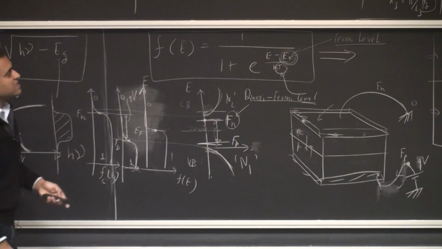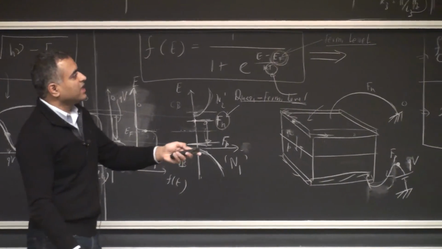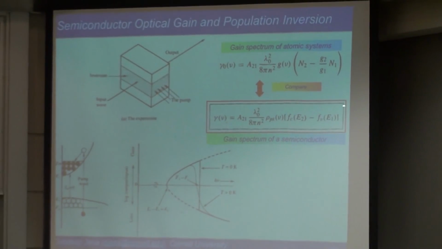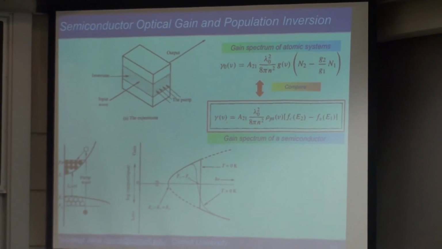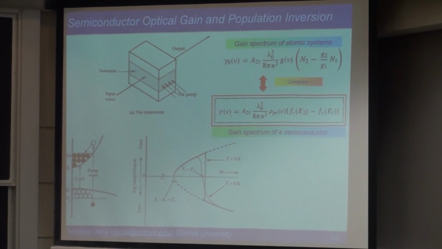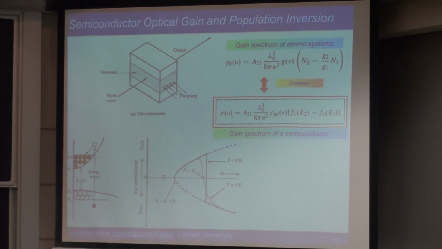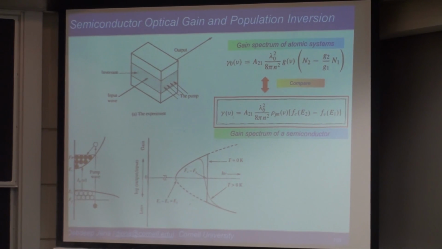And that's the function that sits out here in the gain function, Fc at E2 minus Fv at E1. So you can see from here that if I do not apply a voltage, I am actually not going to get gain.